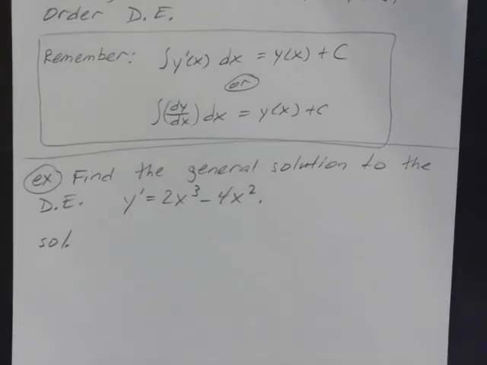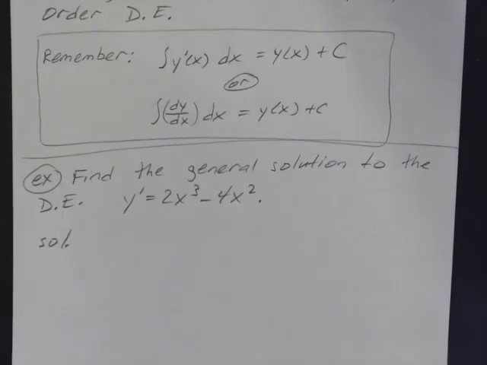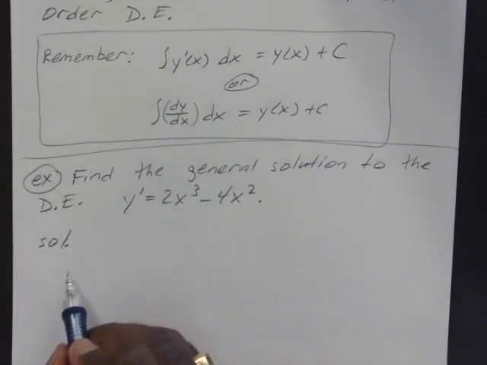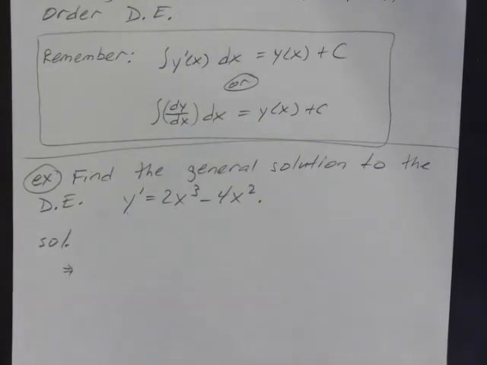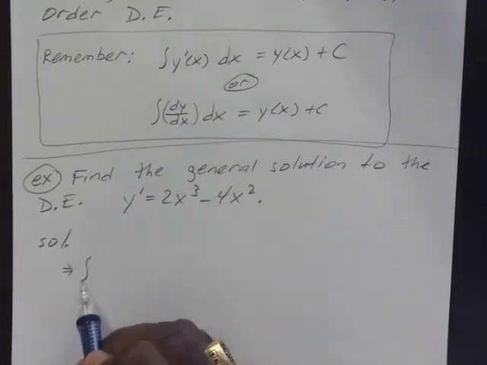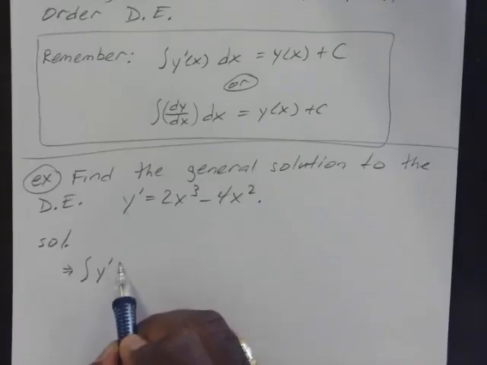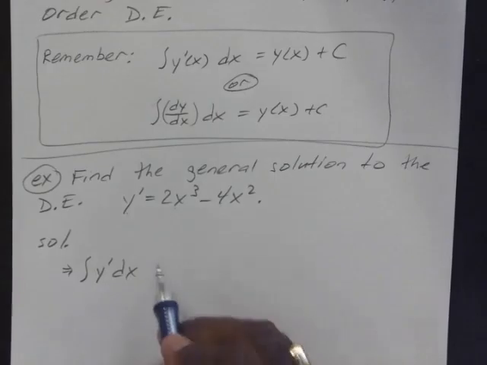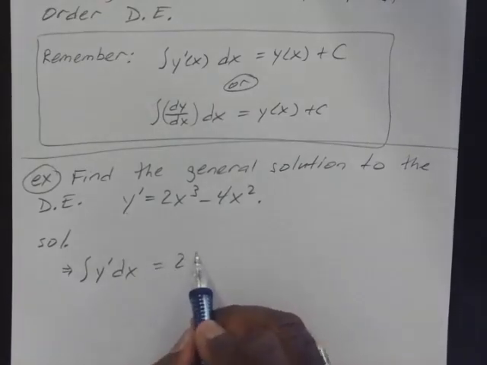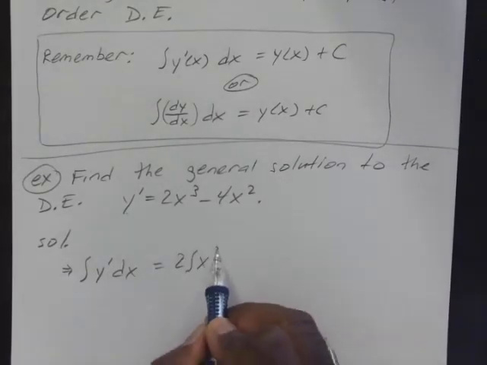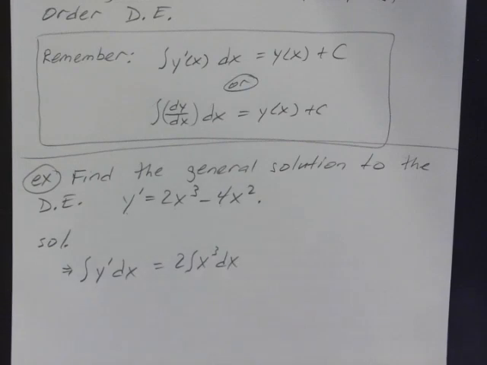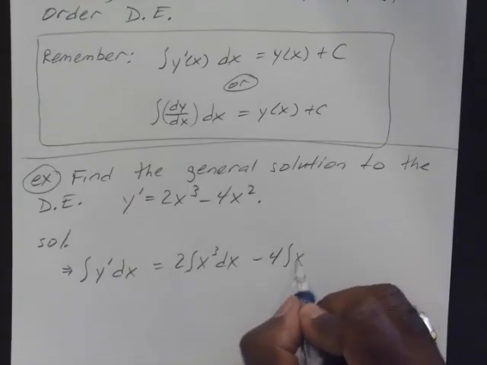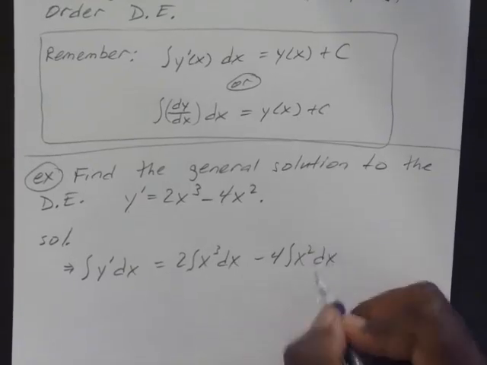So if we integrate every term, we know that the integral of your y prime with respect to x is equal to 2 times the integral of x to the third power with respect to x minus 4 times the integral of x squared with respect to x.